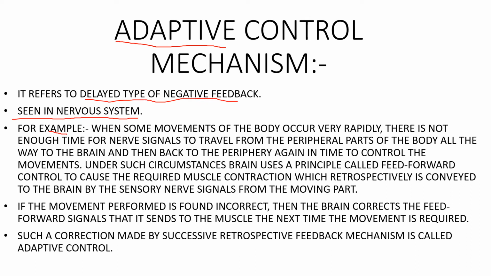It is seen in the nervous system. Now for the example, when some movements of the body occur very rapidly. It's not slow movements, it's rapid movements, like exercise and all.